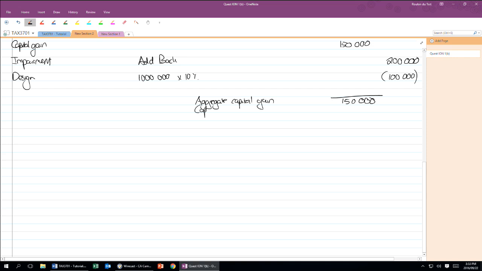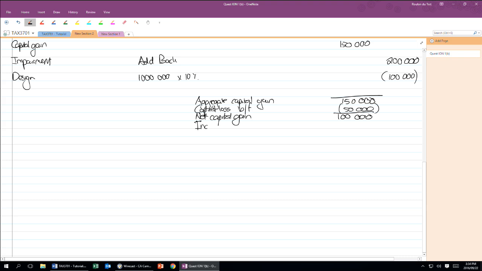From that, we deduct any capital losses which has been brought forward, which is the 50,000 rands they tell us in the question. There's then 100,000 rands, which is called our net capital gain. These terms are important, guys. They can ask you in an exam, they can tell you the net capital gain is 100,000 rands, for example, and you would have to know what to do with it.